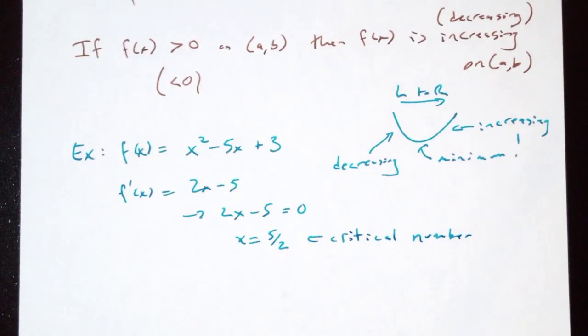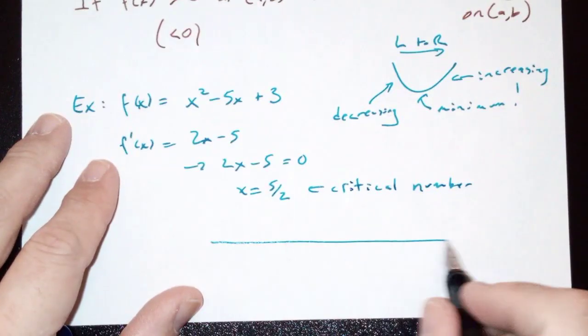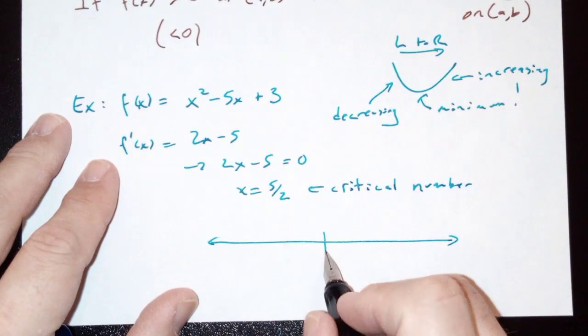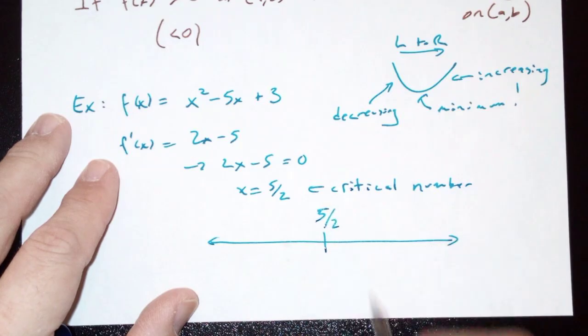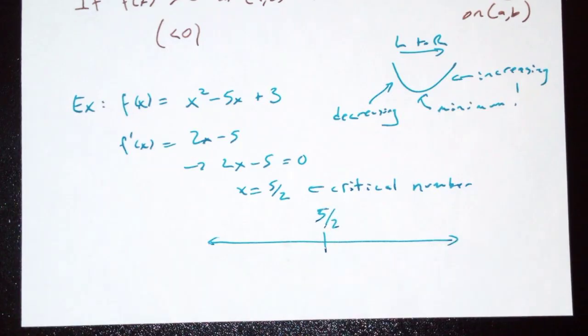So let's make a number line. That's the spot where my derivative is zero. That's the only spot where my derivative is zero. Everywhere else, it's either positive or negative.